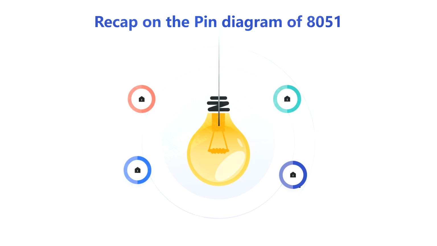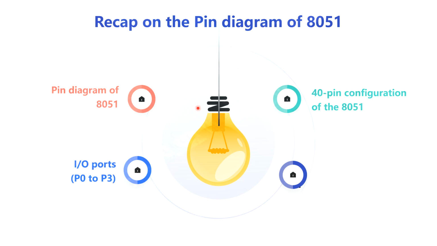Now we will see the recap on the pin diagram of the 8051 microcontroller. First of all, we have studied the pin diagram of the 8051 microcontroller, the 40 pin configuration, input-output ports from port P0 to port P3, and power supply, oscillator pins and control pins.